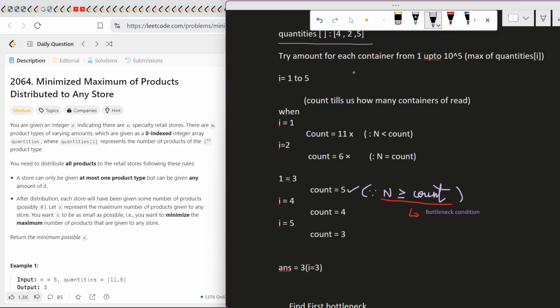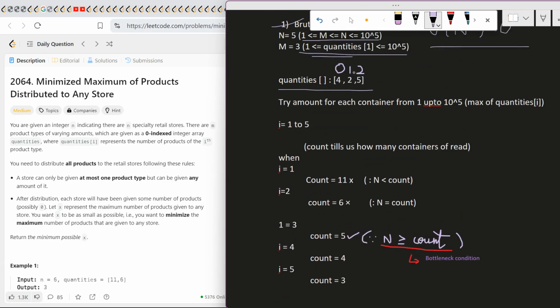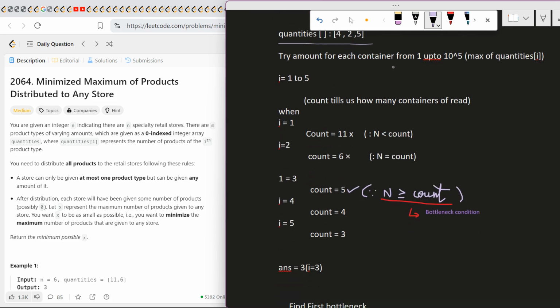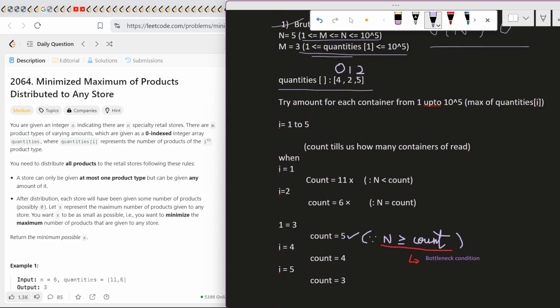So this is the quantity array given. Each container can contain values from 1 up to the maximum of quantities[i], which is 5 here.